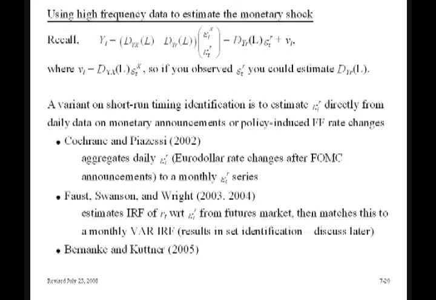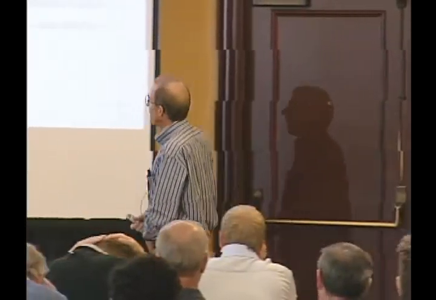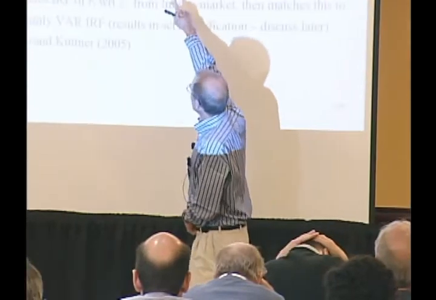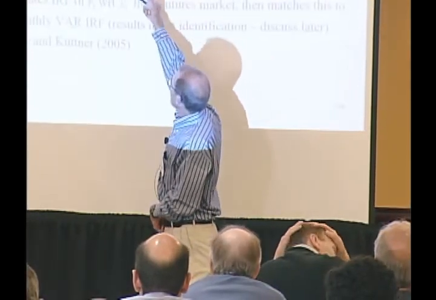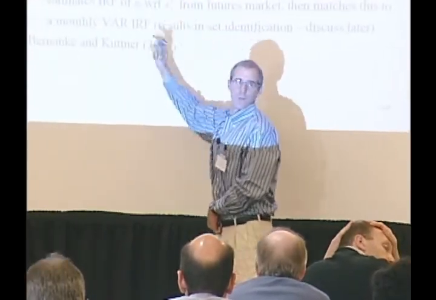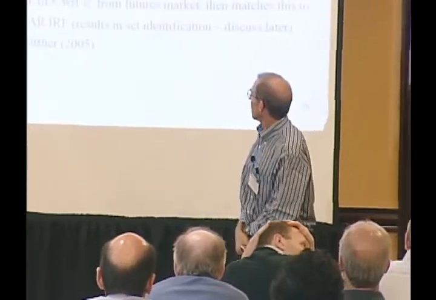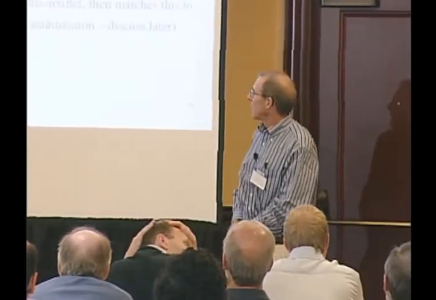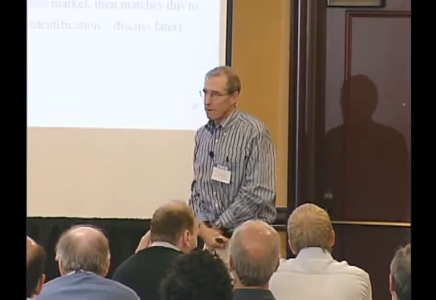And so one way that this has been handled is by looking at high frequency data to try to estimate monetary policy shocks. I think the cleanest example of that, I think there's some reasons why in the end it wasn't very successful, but I like the idea is super clean, which is a paper in the AER by Cochran and Piazzesi.